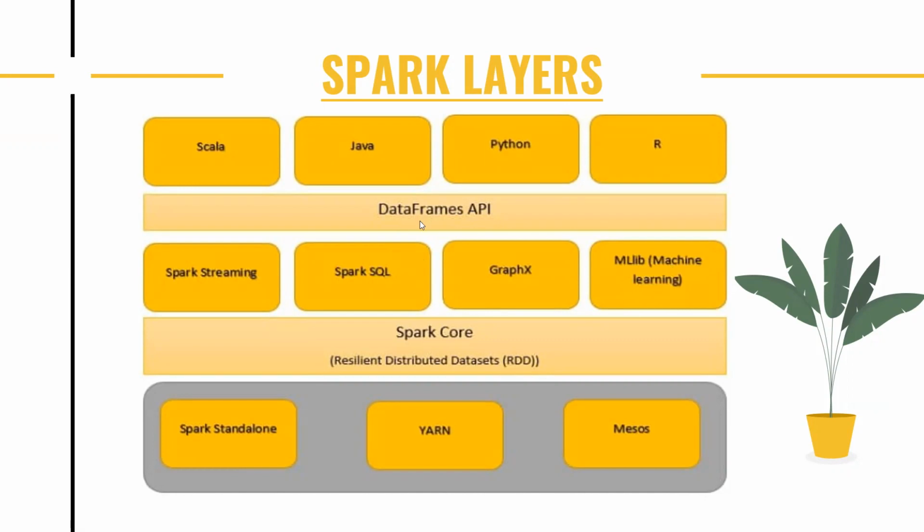Then comes the DataFrames API. Traditional ETL is in the form of tables where we have rows and columns. The DataFrames API does the same thing, giving the view of columns and tables. That is built on the top of this, and this can be implemented in all these languages: Scala, Java, Python, and R.